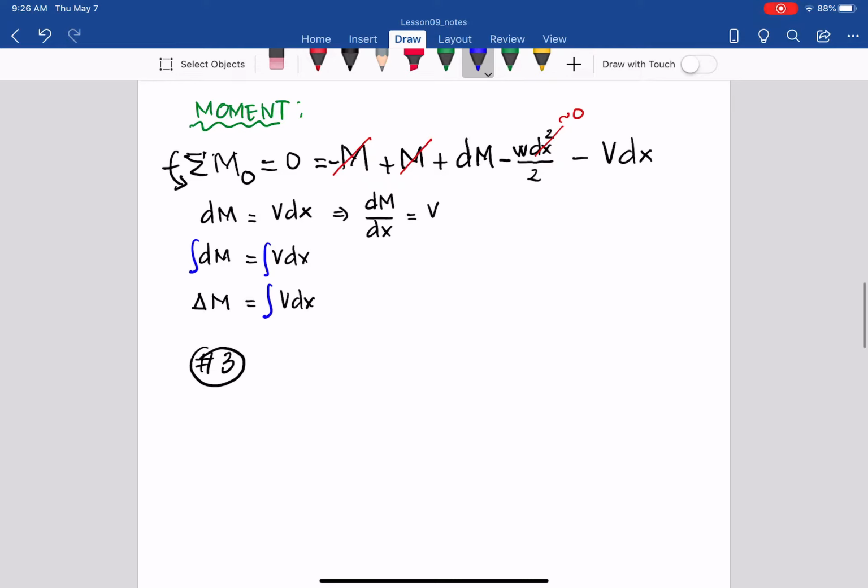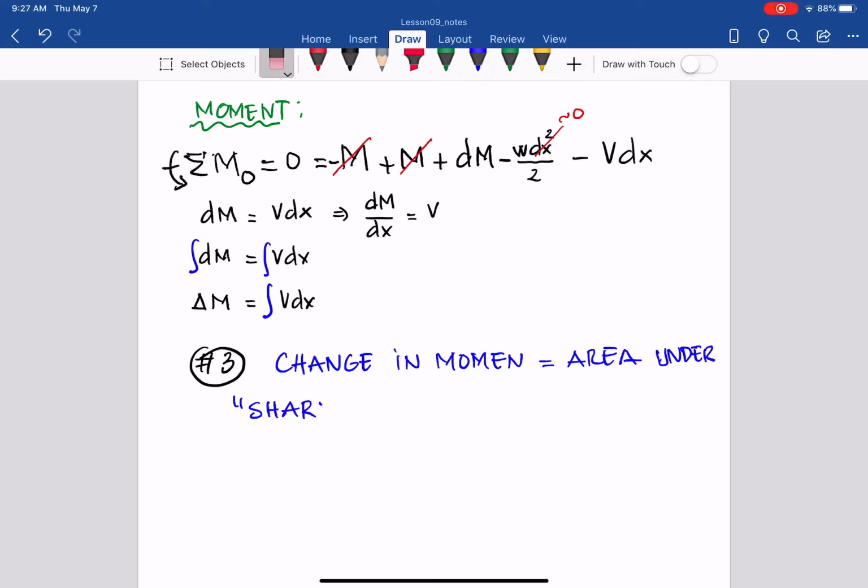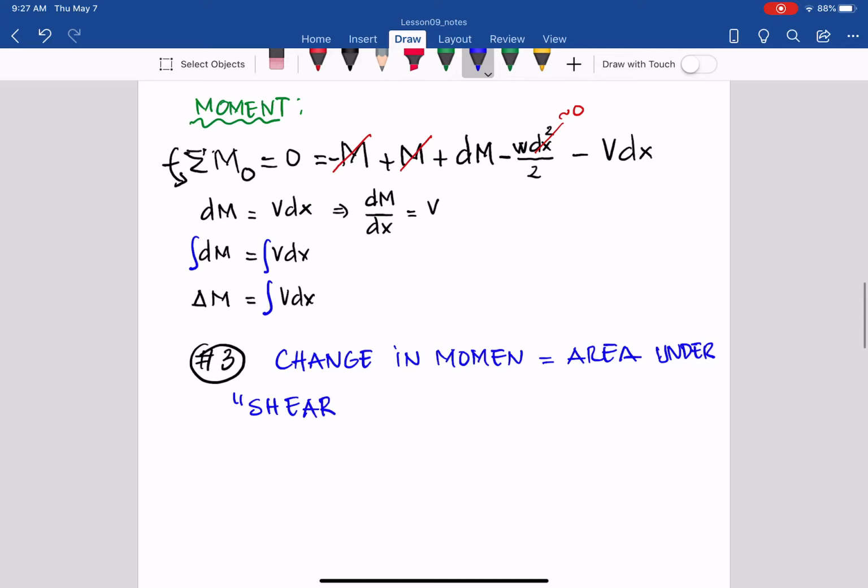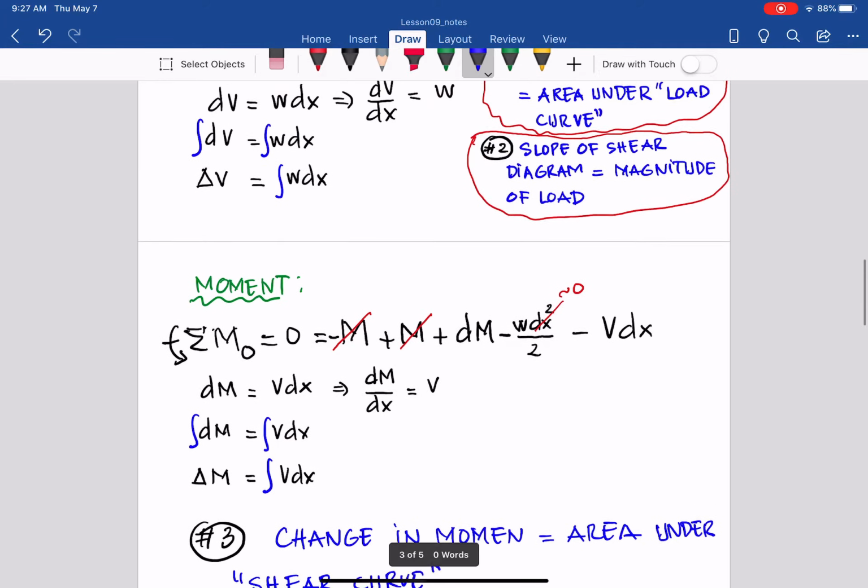So you can say that the change in moment equal to area under the shear curve, or the shear diagram.